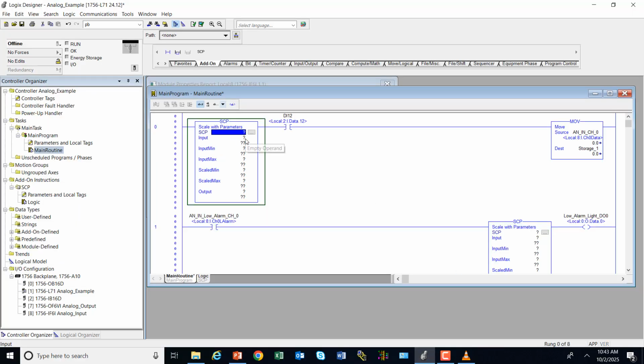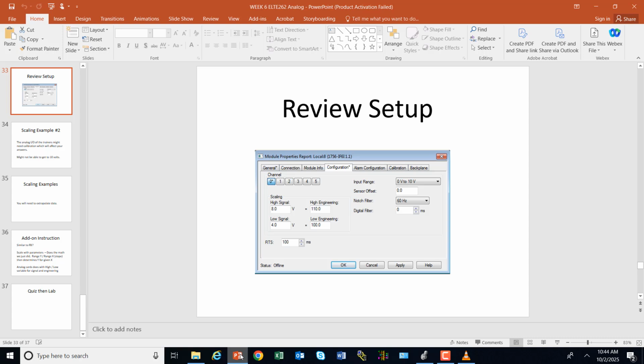It's going to take your value of voltage and whatever your input min and input max and scaled min, scaled max, it's going to scale it all out for you, and it's going to give you an output. So we're going to create a little something to do a scale with parameters, and then we'll be using this instruction in further labs, okay?